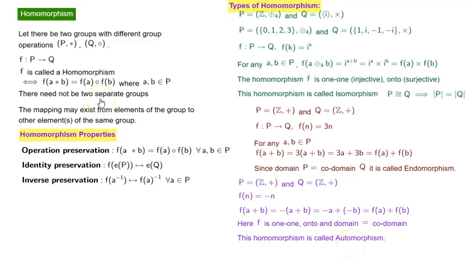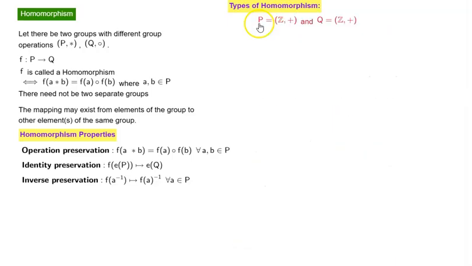Okay, now let's look at other types of homomorphisms. Let's take P is equal to Z, plus and Q is equal to Z, plus. I'm taking simple examples just to make sure that we understand the concepts clearly. And we have a homomorphism P to Q where F of n is equal to 2n.